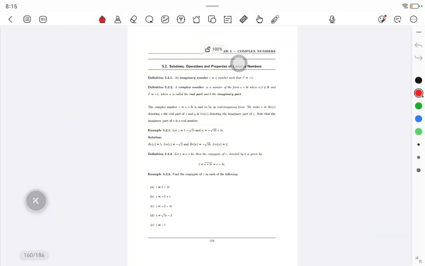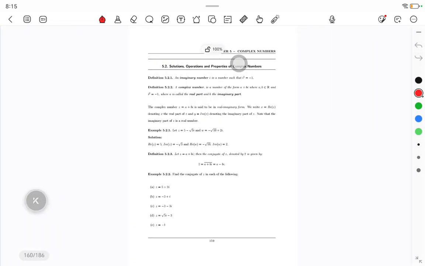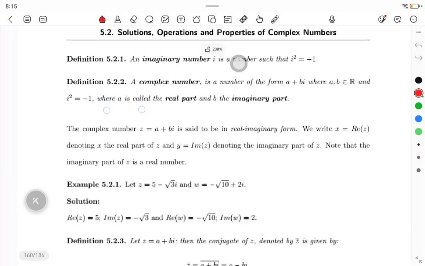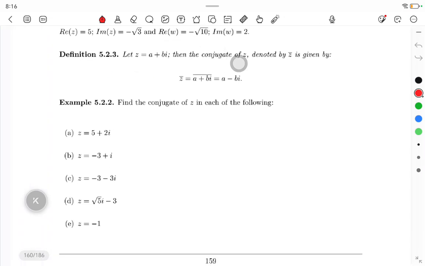Here they say find the conjugate of z in the following. So let's just take this and this and we add them.